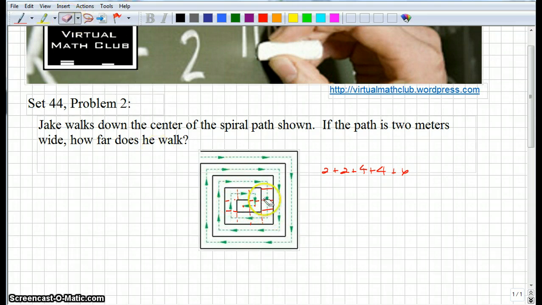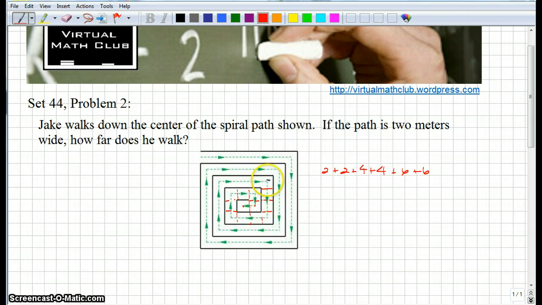Actually, I'm going to erase that line here. It's kind of crooked. So we're looking at this north-south path right here. So there's 1, 2, 3, 4, 5, 6. Well, that's looking promising that we're getting this 2 plus 2 plus 4 plus 4 plus 6 plus 6.